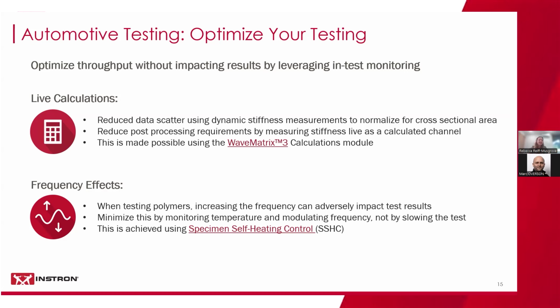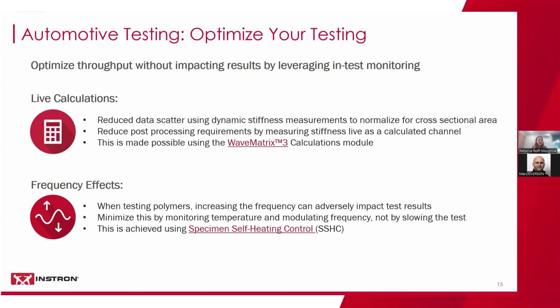What we can actually do is minimize the effect of these frequency effects by monitoring the temperature directly and modulating the frequency. So instead of having to slow down the test to maybe 2 or 3 hertz and spend a lot of time building up our materials database, we can monitor that temperature, increase the frequency as fast as we can, and then lower it if we start to see self-heating.